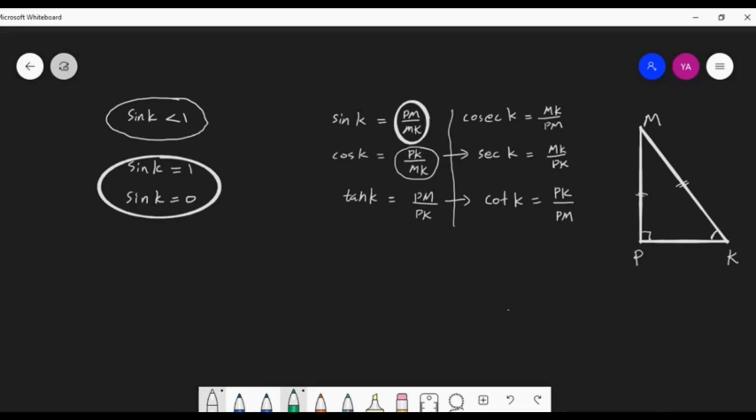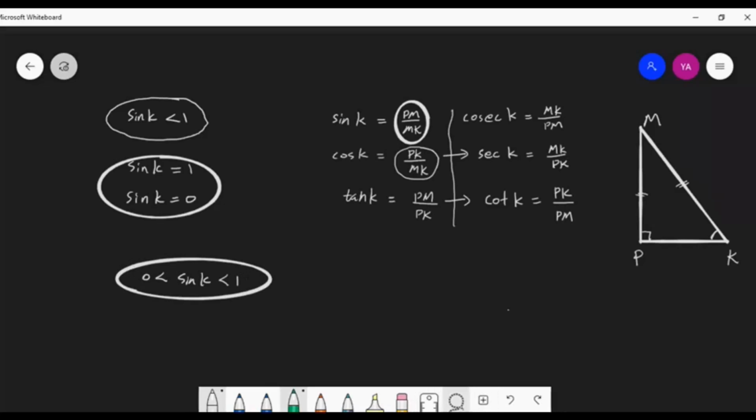Maybe in higher classes you will also study the sine values of obtuse angles and larger angles, sine 400, sine 300, and also sine minus 100, sine minus 90, etc. This time we define it only for acute angles. So for an acute angle inside a right triangle, the sine value is greater than 0 and less than 1.